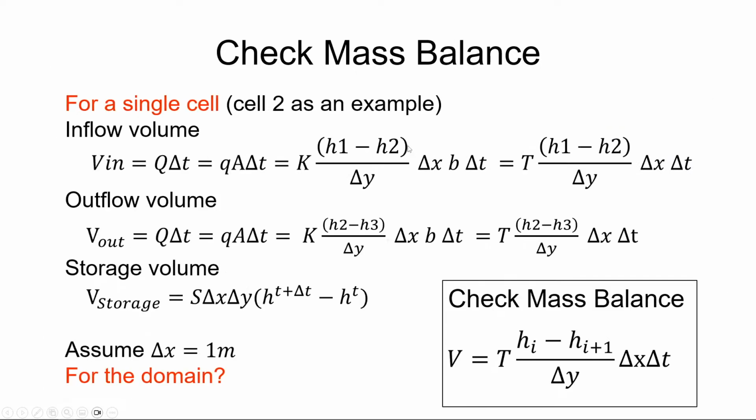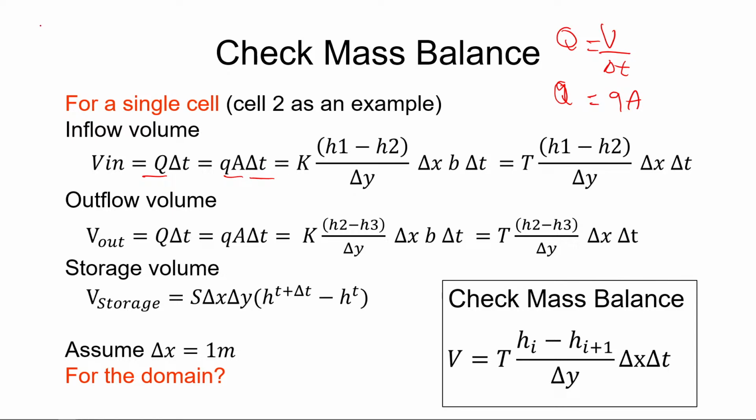But before we do an example, let me just show you one thing, is that we can also check the mass balance for a single cell. Remember Q is equal to volume over delta T. So you can express big Q, remember big Q is equal to small q times area.